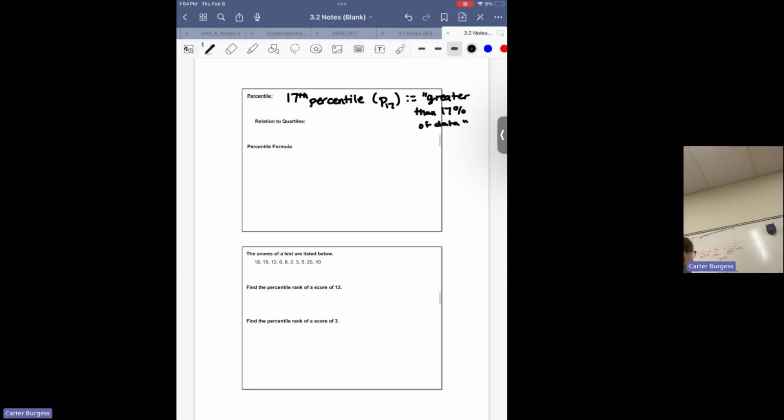But let's say I have 10 data points here, already ordered, and I want to know the percentile that fits with this one that I've circled here, the 6th data point.